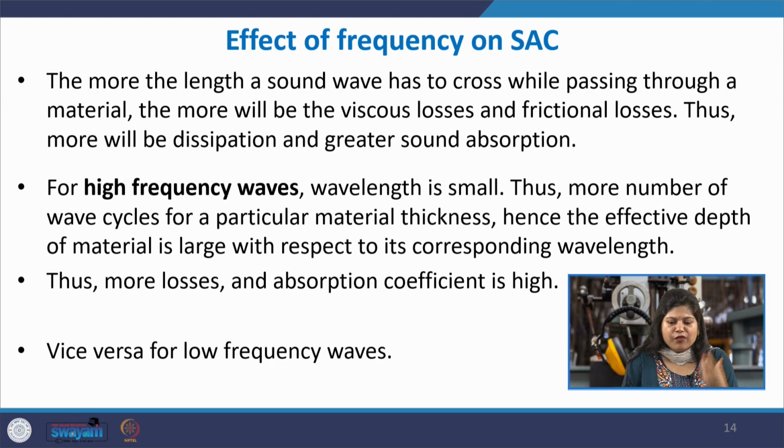So the thickness of the material with respect to the wavelength of the wave becomes important, how thick the material is in comparison to the wavelength. If the material is very large compared to the wavelength, then more dissipation will happen, because more wave cycles are passing through and having losses there, and vice versa.